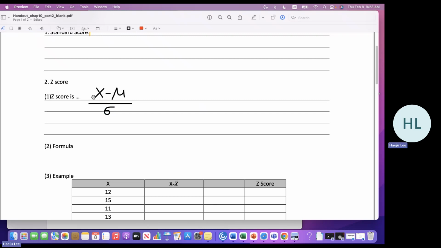This is the individual score, like the original math score, and this is the population mean, but in some cases it can be the sample mean, and this is the population standard deviation, but it can be the sample standard deviation. Using this formula, we can transform the original measure into G-score.